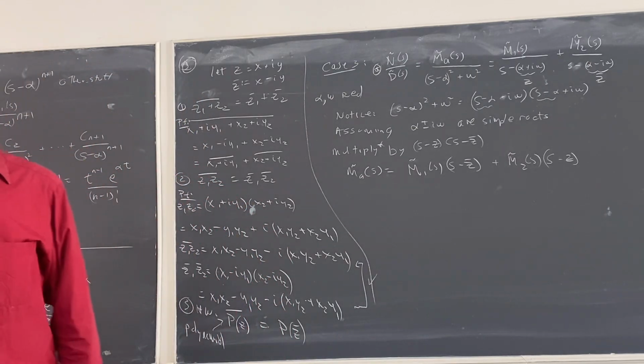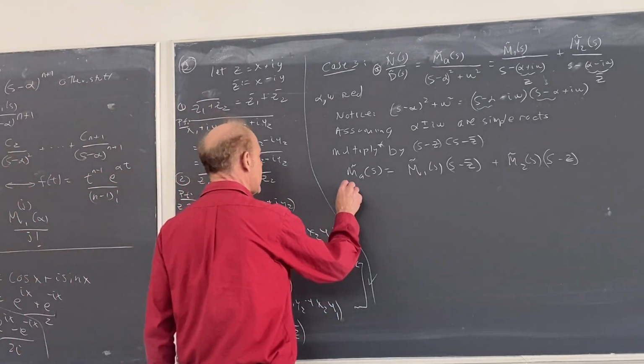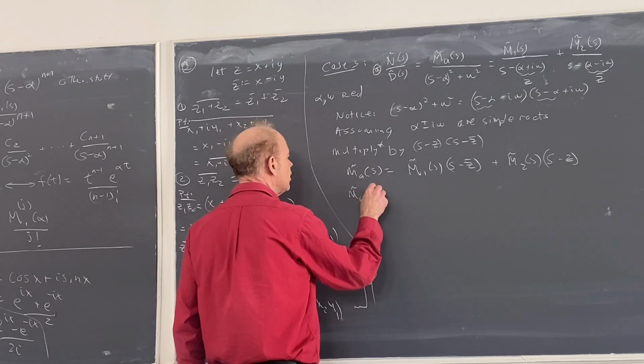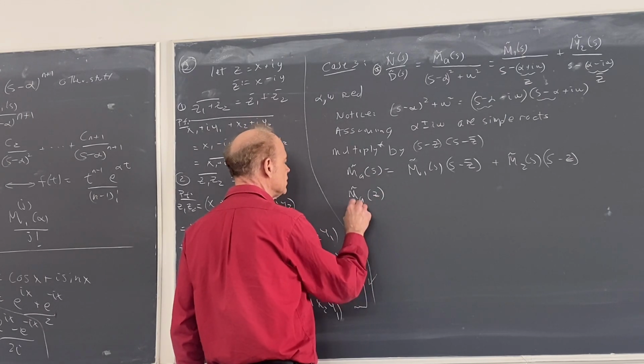I'll just multiply through. Now what I'd like to do is take MA tilde of Z and MA tilde of Z bar.